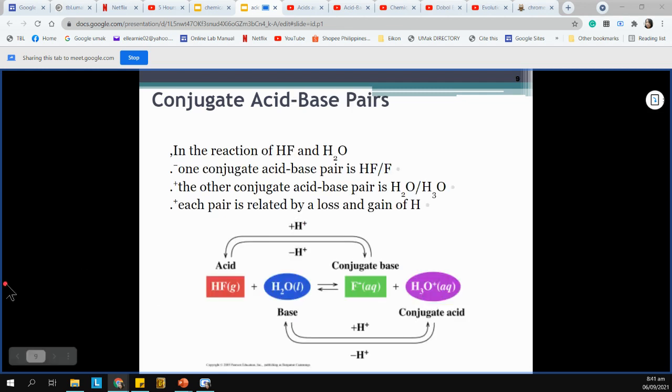Now, in the reaction that we mentioned earlier, what you're going to be seeing here is the pairing. This just shows the pairing itself. So the acid will now become the conjugate base in the product, and the base earlier would become the conjugate acid in the product.